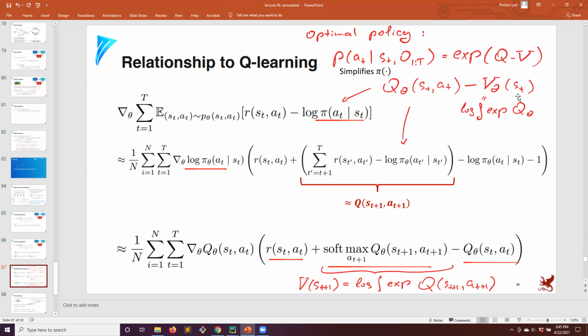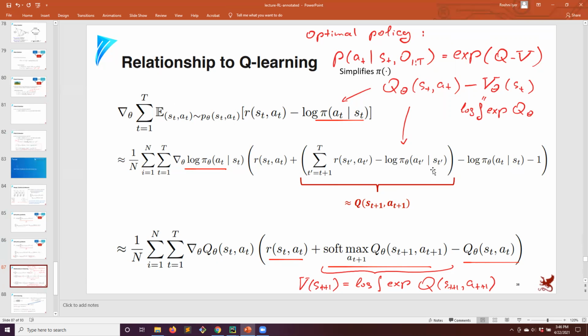We know that this V value function is basically the integral of the Q function, so we can use this. From here to here we are using sampling instead of taking this expectation. This is the approximation we're doing. N is the number of trajectories, and there are quite a bunch of other steps here that are not included. This is just to give you an overall idea of what this is doing.